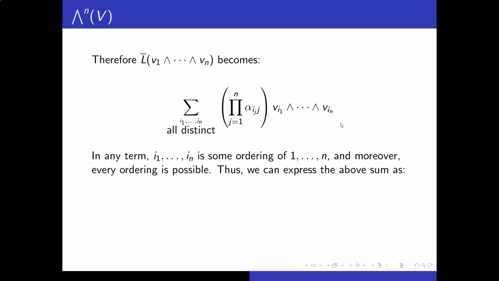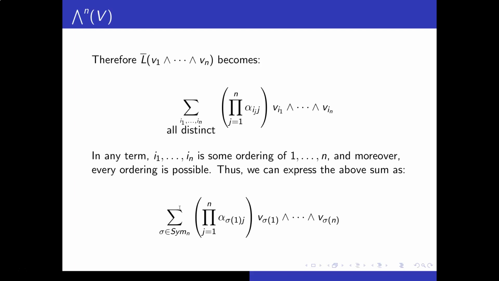So rather than saying, okay, I'm looking at I1 through In all distinct and figuring out how many ways to sum that up, that's going to be summed over the permutations. Okay, I'm looking at permutations of 1 through n. All right, because I1 through In are some permutation of 1 through n, I can view this as some sigma 1 through sigma n. All right, these are going to follow suit, and the sum is now over all permutations of 1 through n. So we're basically summing over the symmetric group.